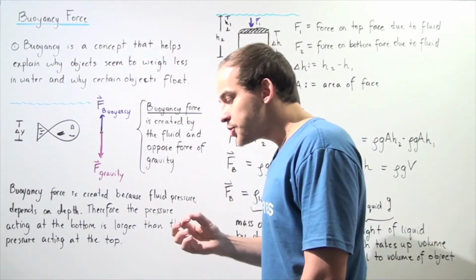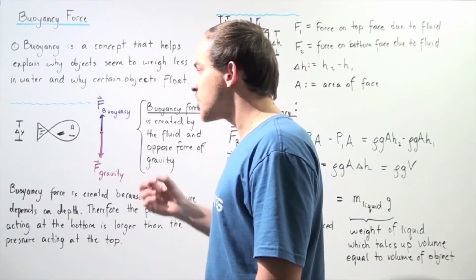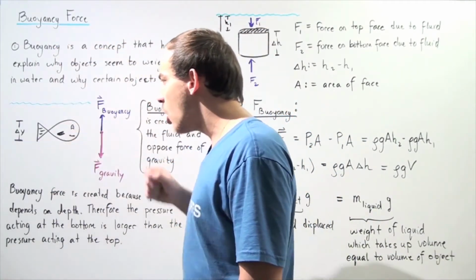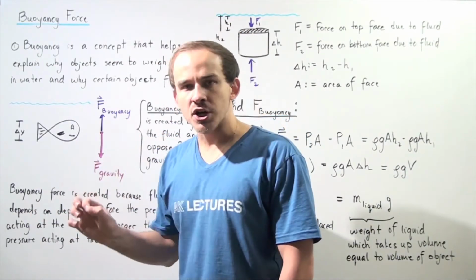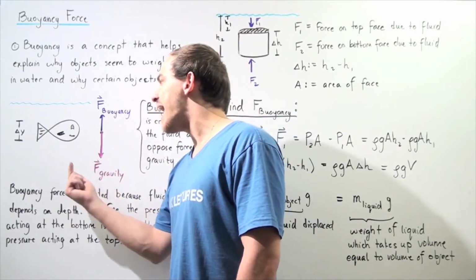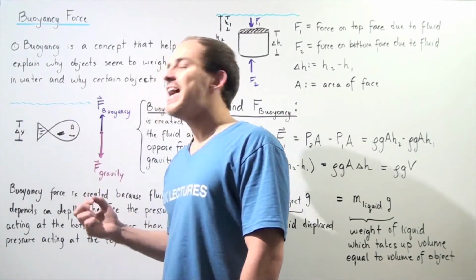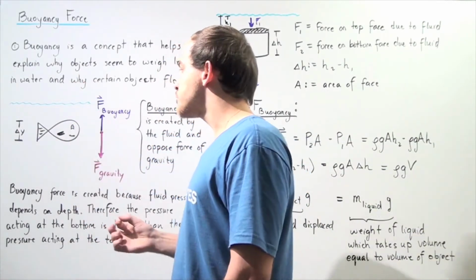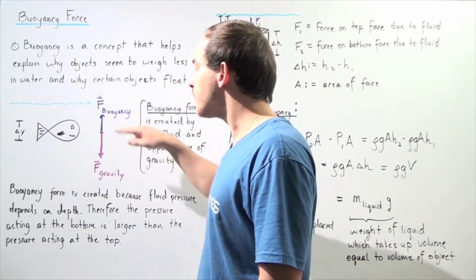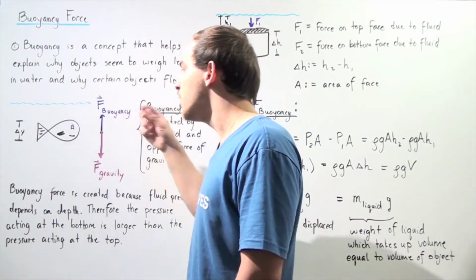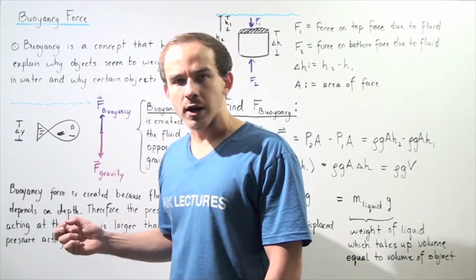Once again, pressure depends on depth. The further down we go, the more pressure we have. So the pressure created by the fluid acting on the bottom of the fish is greater than the pressure created by the fluid acting on the top of the fish. And this difference in pressure creates the buoyancy force.